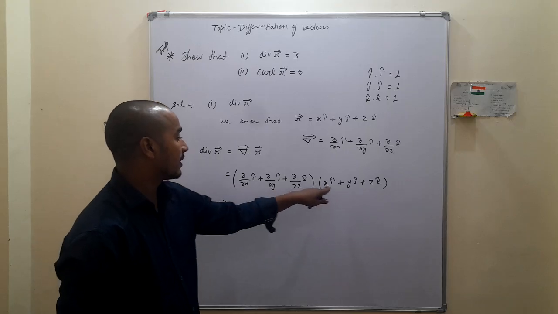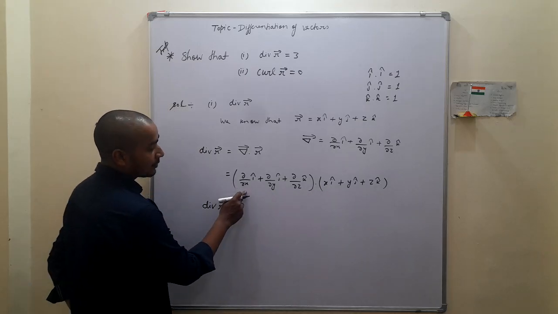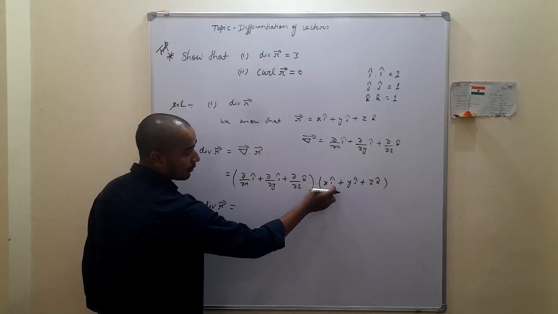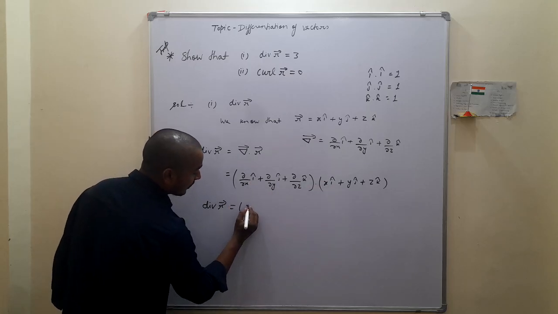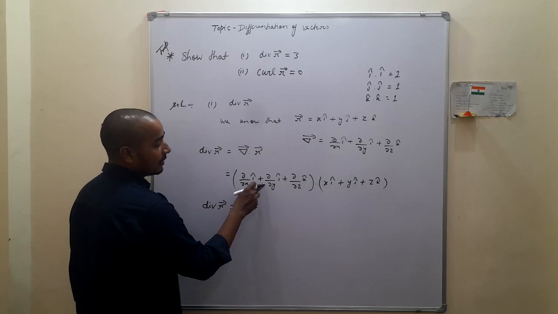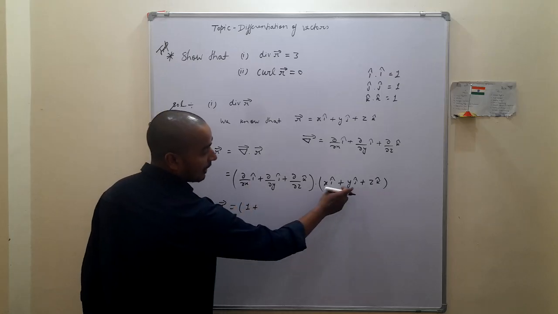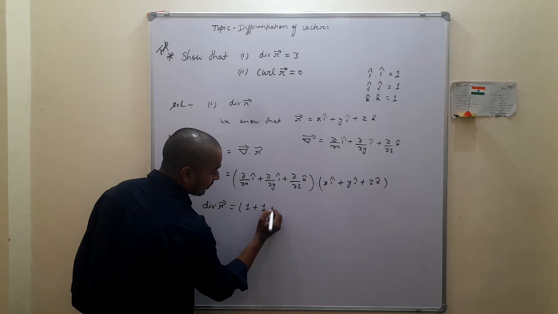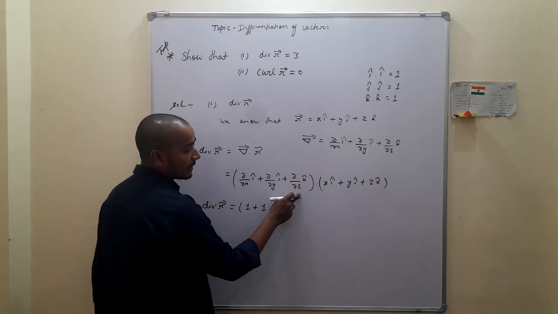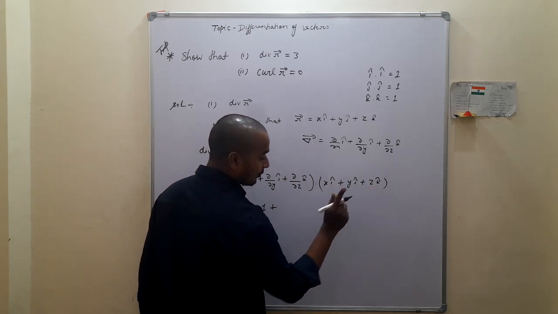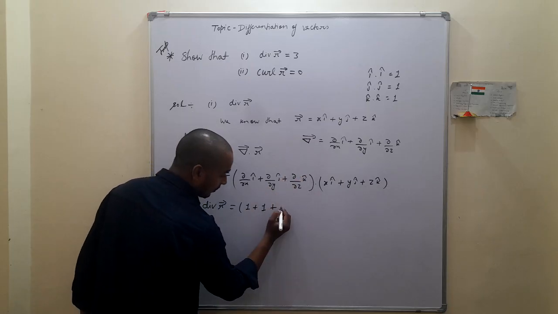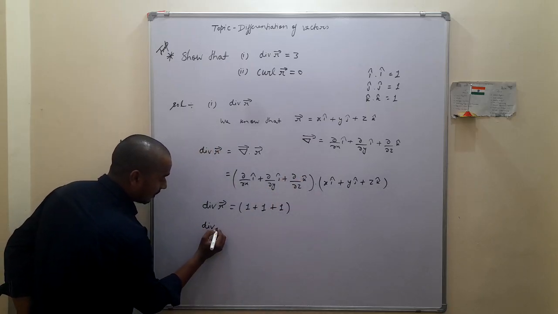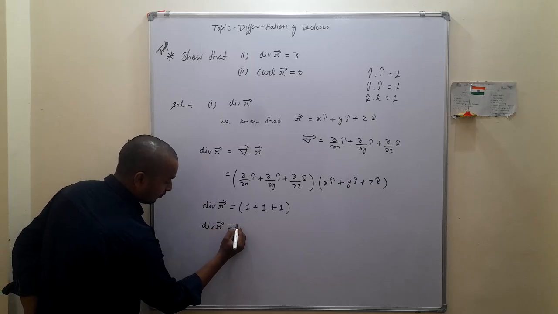Differentiating partially with respect to x, we get 1, and i dot i is 1, so we write 1 plus, similarly differentiating with respect to y with j cap, we get also 1. Similarly del upon del z differentiating with respect to z, we get 1, and k dot k is also 1. So divergence of R is equal to 3.